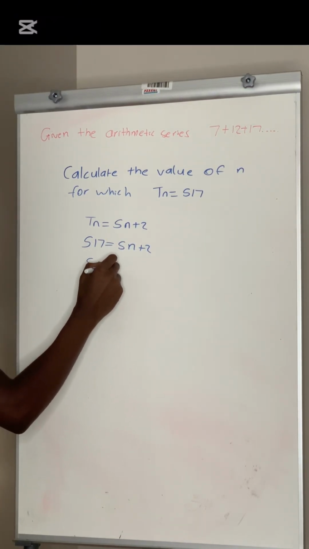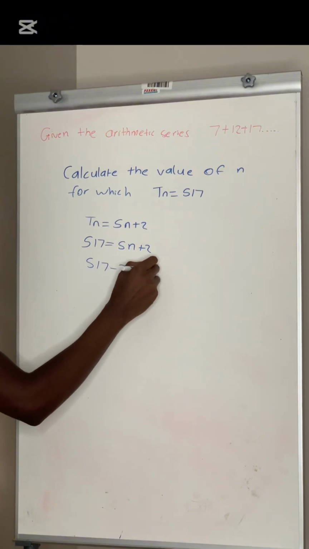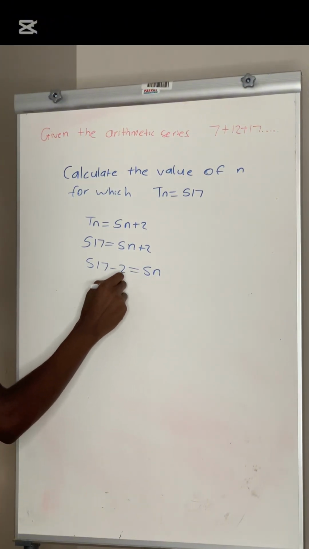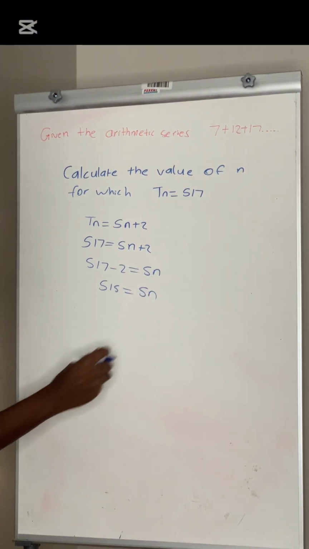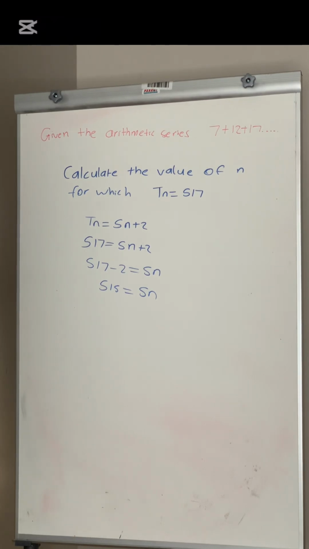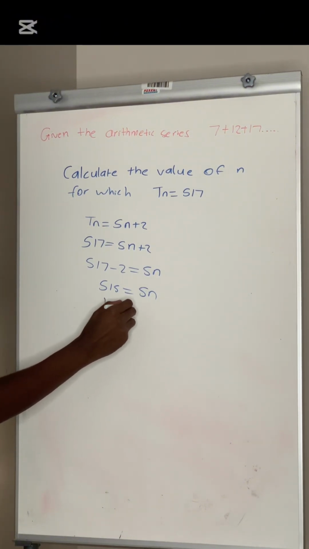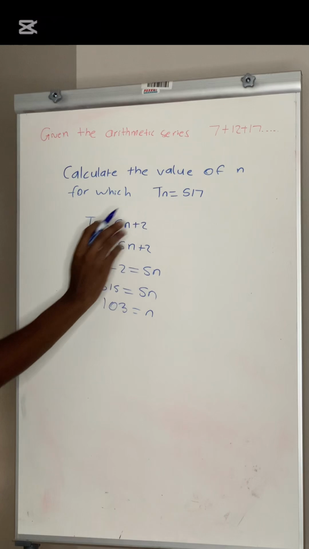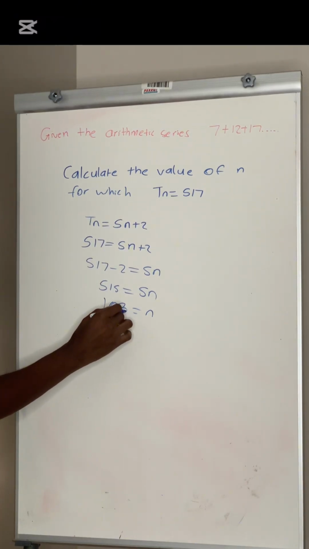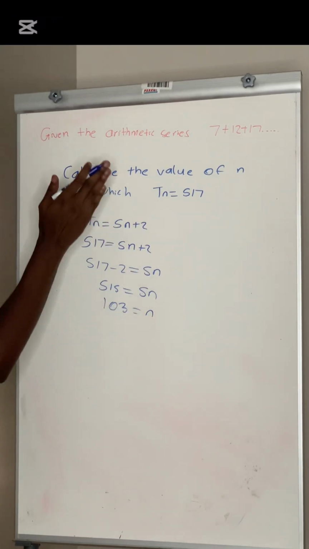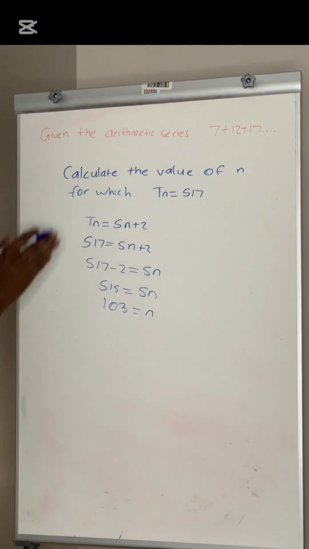Then 517 minus 2 is equal to 5n. 515 is equal to 5n. And then we can say 515 divided by 5, 103 is equal to n. So 517 is the 103rd term of this arithmetic sequence.